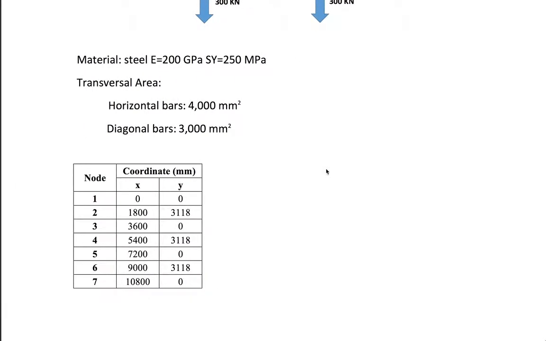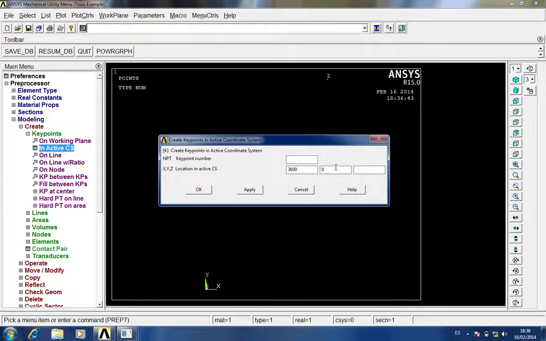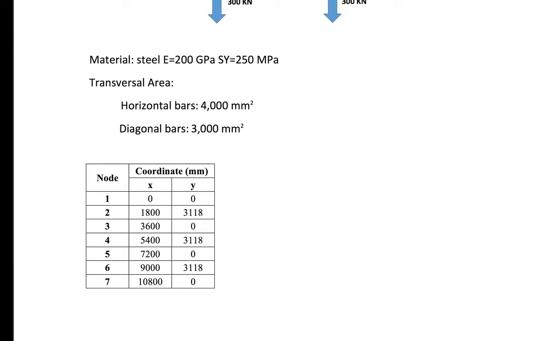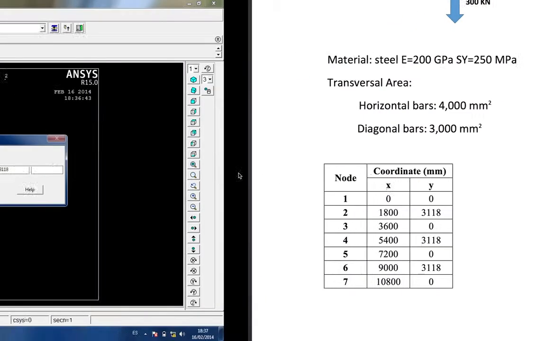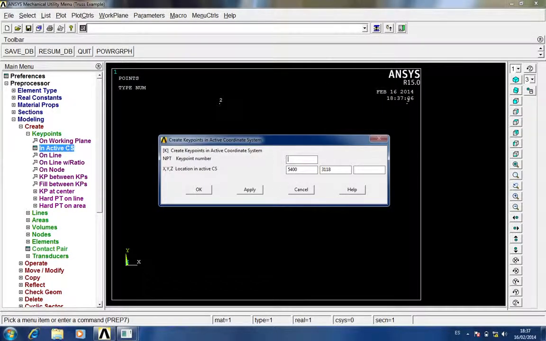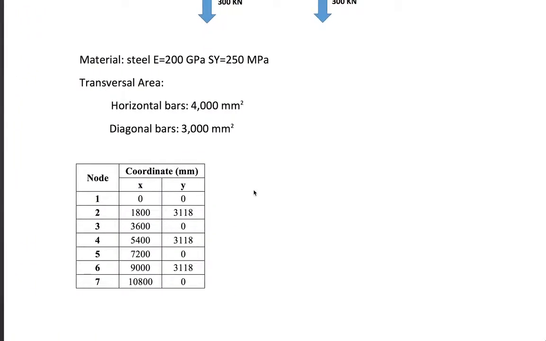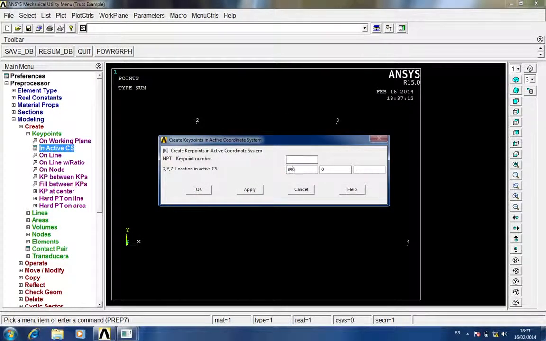Then 5400, 3118. Then 7200, 0. Apply. Then 9000, 3118. And finally 10800, 0.